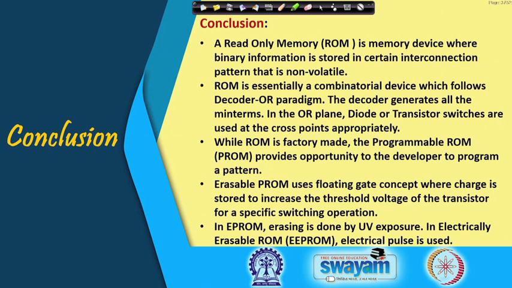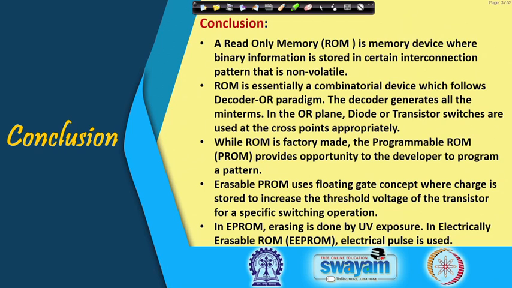Quickly to conclude, ROM is a device where information is stored in the form of an interconnection pattern which is non-volatile. Essentially, it is a combinatorial device following decoder-OR architecture, and we have diode or transistor based switches placed at the cross points in the OR plane. ROM is factory made, but PROM, programmable ROM, can be programmed by a developer to inscribe a particular pattern.